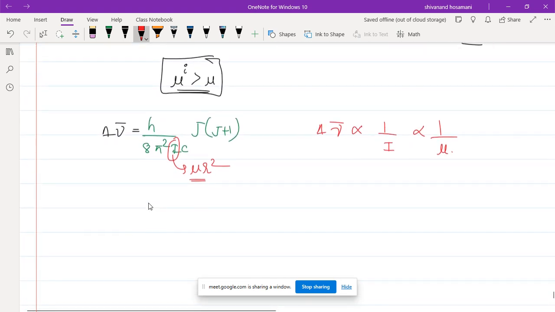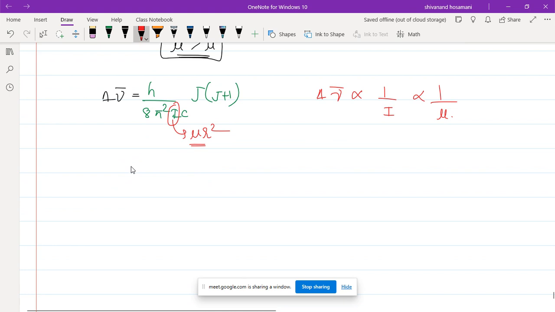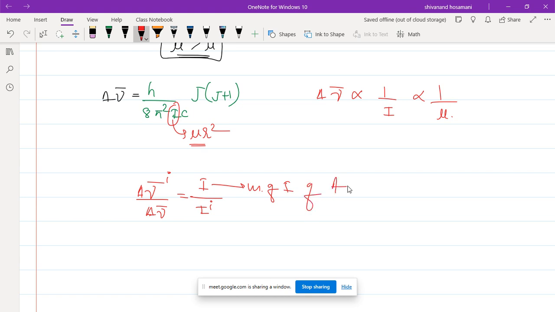Therefore the separation between rotational lines, delta nu bar of the isotope divided by delta nu bar of the actual element, is equal to I of the actual molecule divided by I of the isotope. This is the moment of inertia of the actual molecule, and this is the moment of inertia of the isotope.